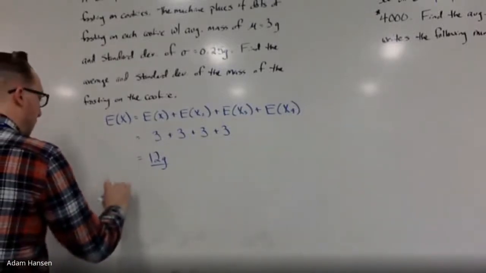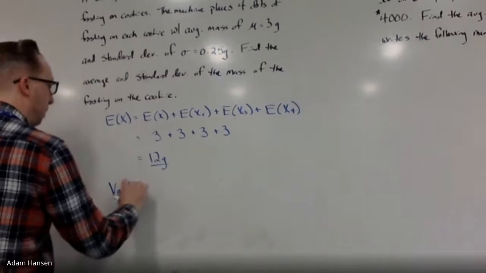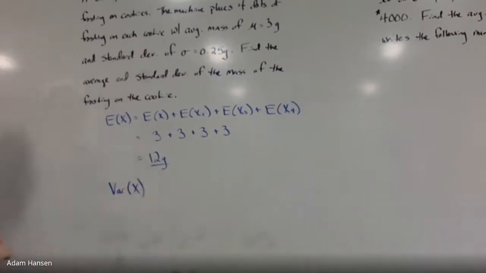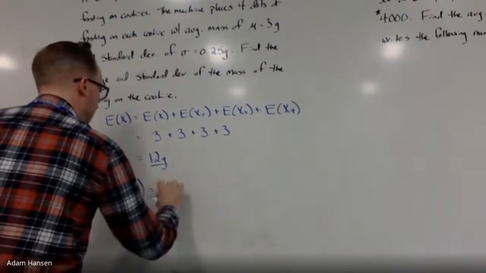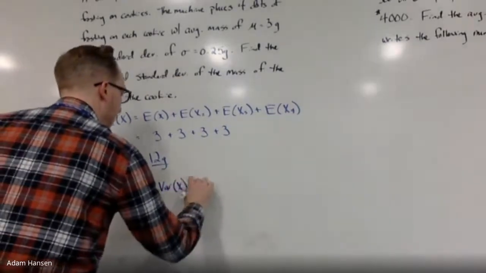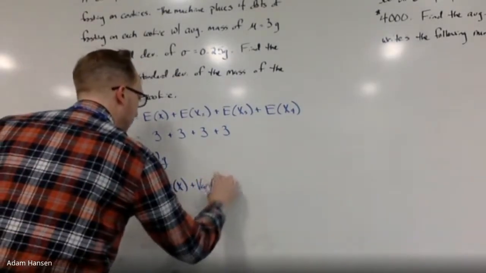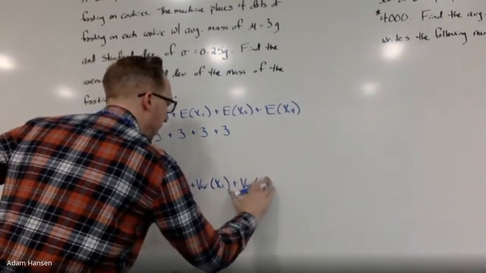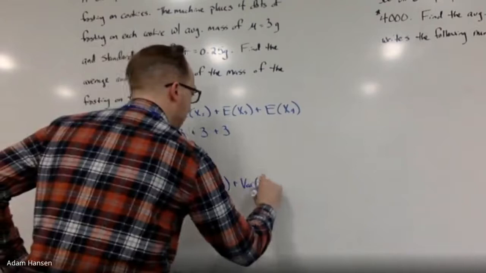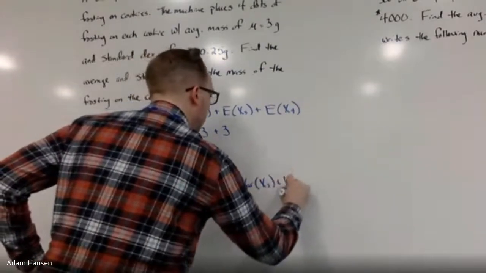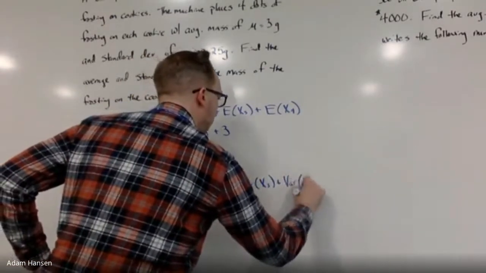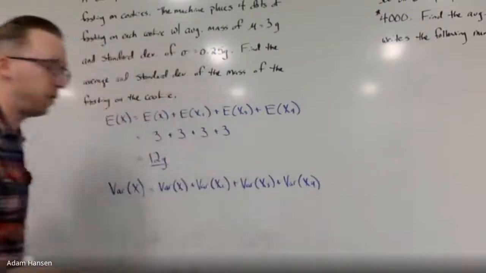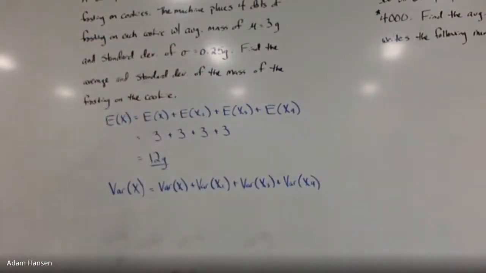Of course, with this standard deviation, I have to combine the variances. It's the variance of the first dot plus the variance of the second dot plus the variance of the third dot plus the variance of the fourth dot. I treat each of these different dots as their own separate event.